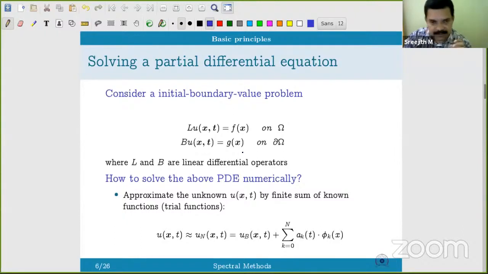Solving these equations means you have to find an expression for the fluid property u(x,t). So it's an approximation to the actual solution. We approximate this u(x,t) by a finite sum of known functions, called trial functions. So this actual property u(x,t) is approximated as u_n(x,t), where u_n is the approximate function.